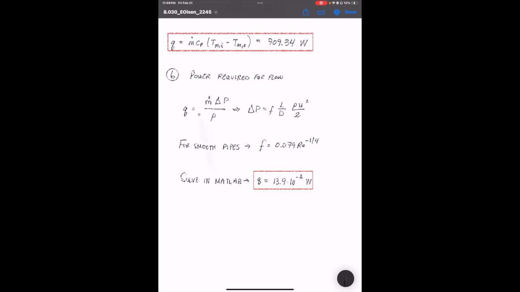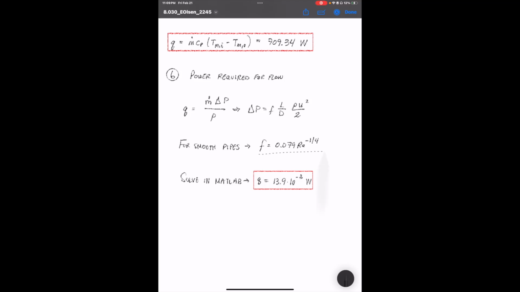And so we know that the power required is going to be m dot times delta P over our density. And we know that our delta P, or our pressure drop, is going to be just due to major and minor head losses. So that's our friction coefficient times L over D times our rho U squared, which is our free stream velocity, divided by 2.